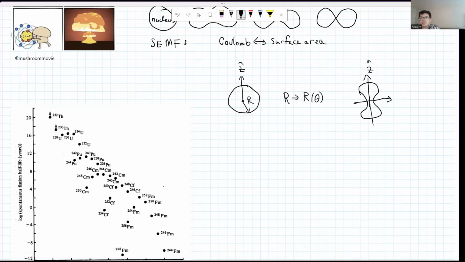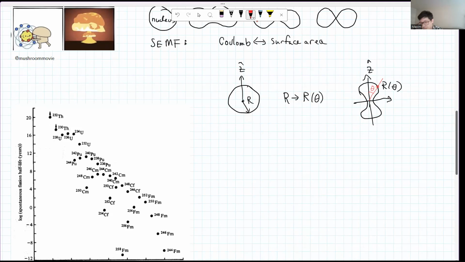And that could be a kind of deformation that depends on theta, meaning the usual polar coordinate between the z-axis and that radial direction there. So, okay, what would that look like?